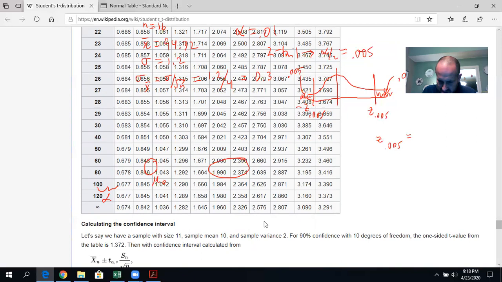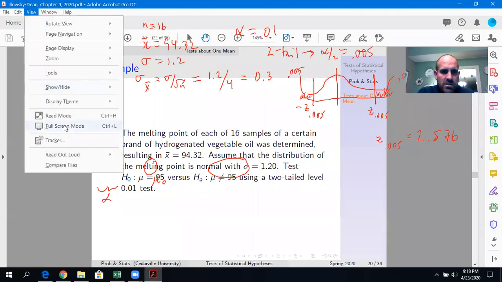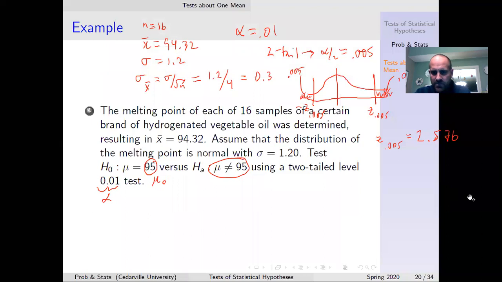Let's write that down. 2.576. All right, let's go back over here. Here we go. z sub alpha over 2 is 2.576. So what's the test statistic here?